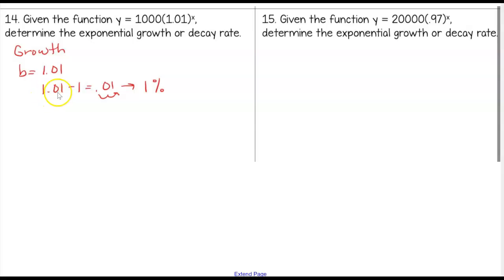So we got 1.01 subtract 1, and that's going to equal 0.01. And then we're going to change it to a percent by moving the decimal 2 places. So that means that this is a 1% growth.